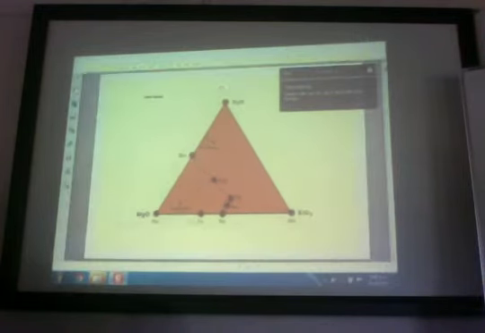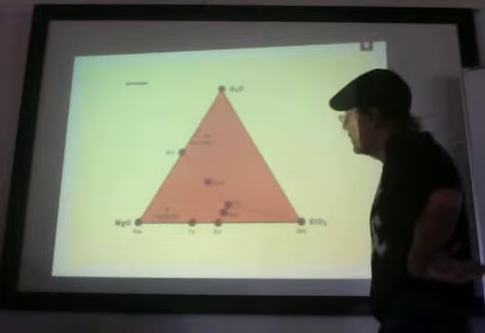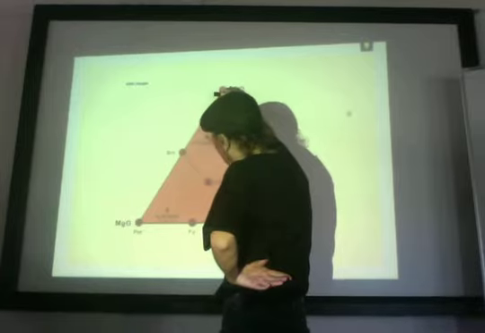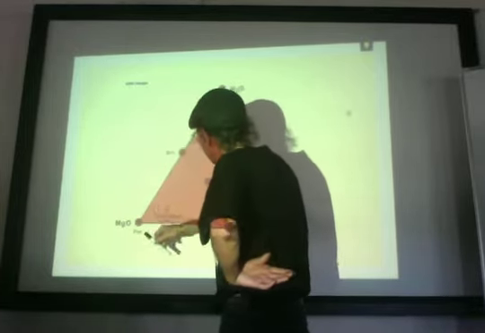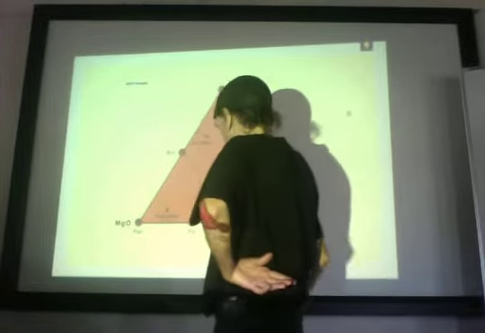That is now again the MSH triangle. I mean, you know it by now. If you are running from here to here, then we are adding water. If you are running from here to here, then we are adding magnesium. If you are running from here to here, then we are adding silica.